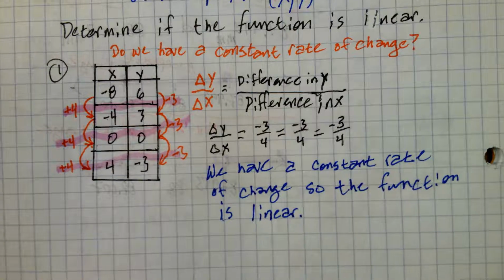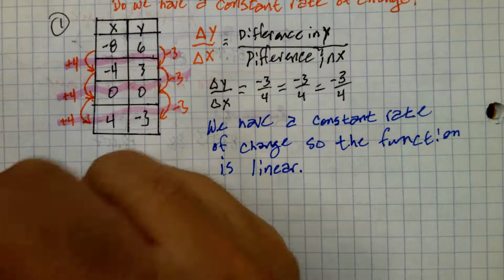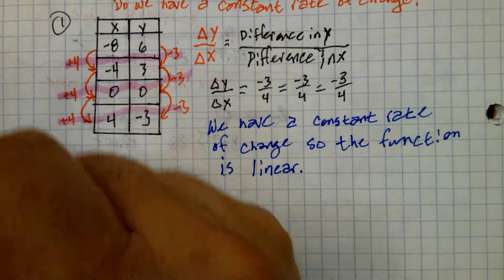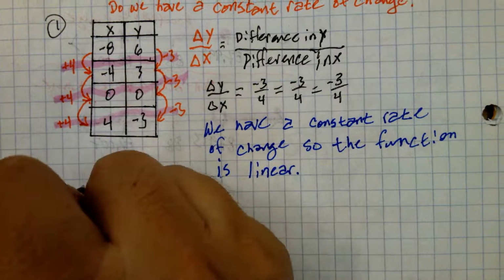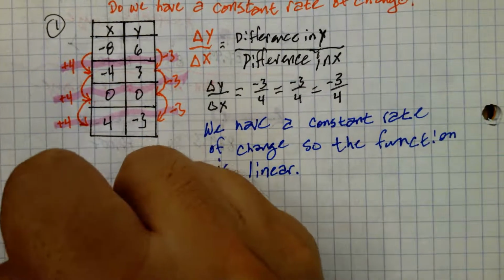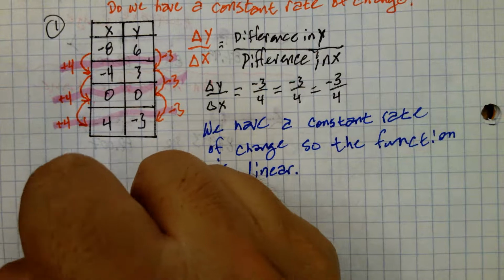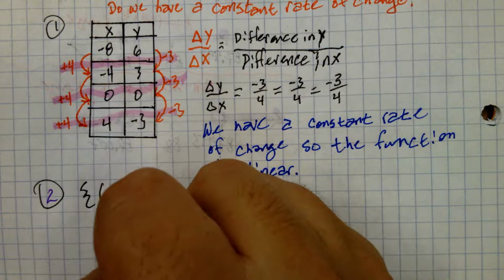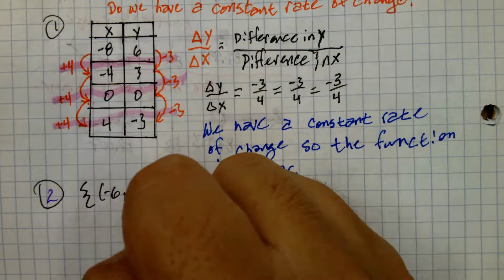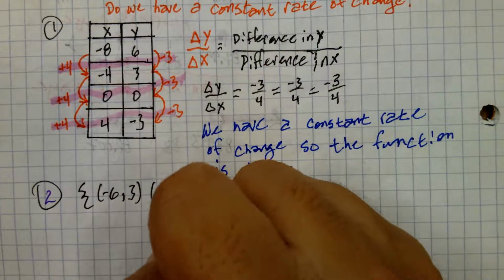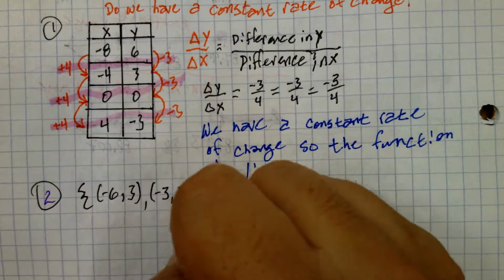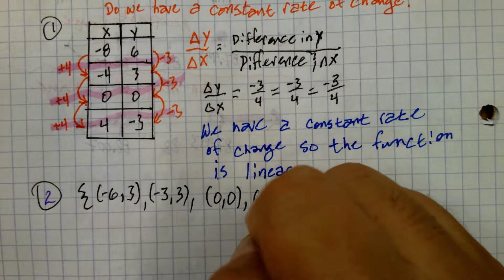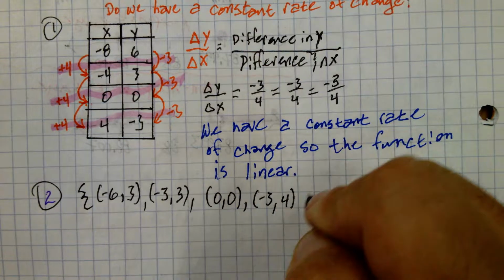All right. So the second and final example. Let's say I give you ordered pairs in a set. -6, 3; -3, 3; 0, 0; and then the last one is -3, 4.